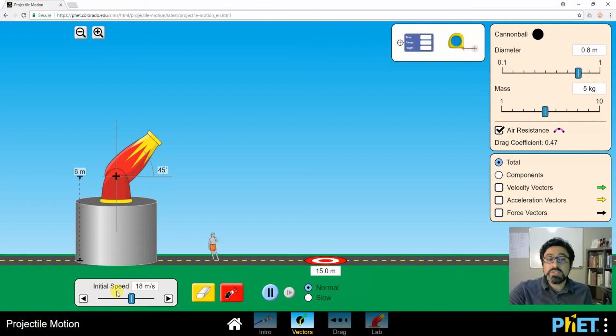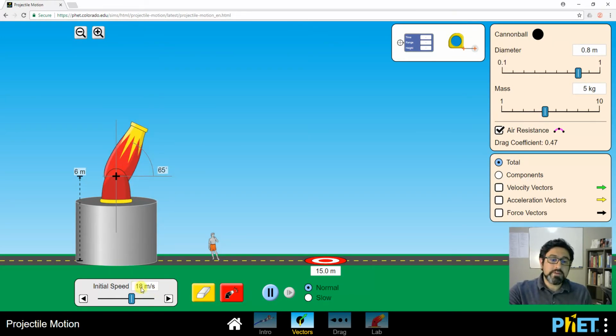And I tell you the initial speed of the cannonball, which is 18 meters per second. Do you think you will be able to answer the question? I'm gonna give you a second, but the answer is no, because you know the initial speed, but you do not know the direction of the cannon, right?